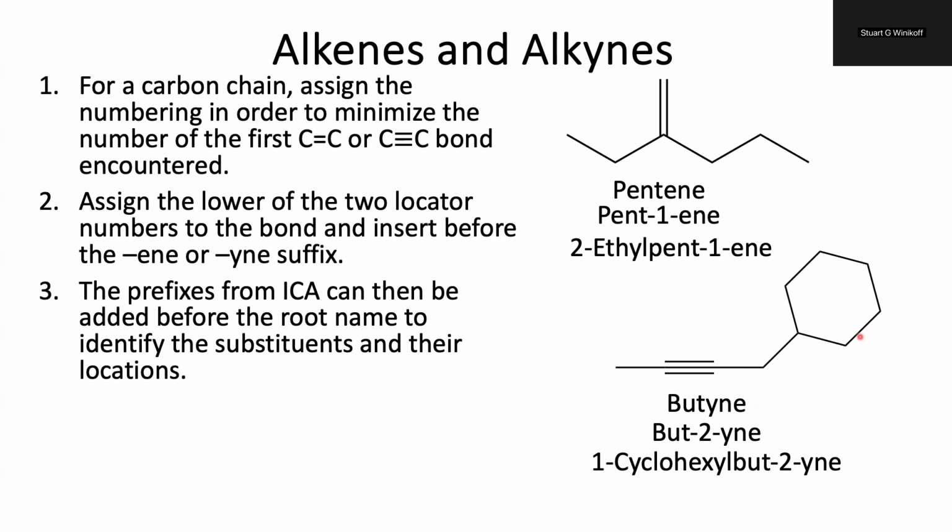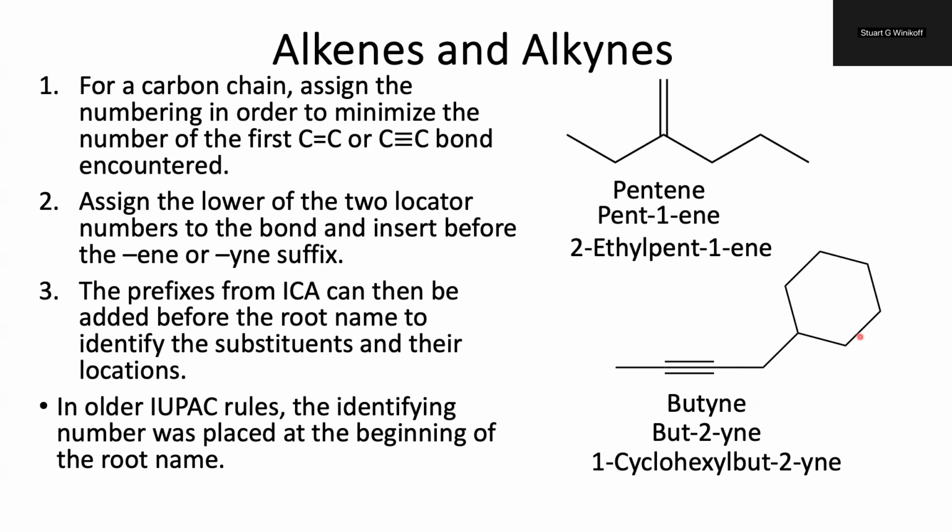Now, one thing to make note of is that in recent years, IUPAC has changed their rules for how to name these species. It used to be that you'd place the identifying position number before the root name instead of before the "ene" or "yne" suffix.